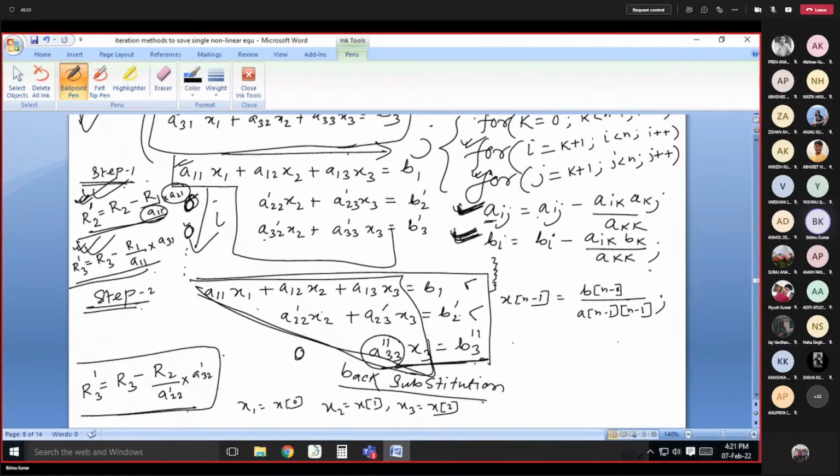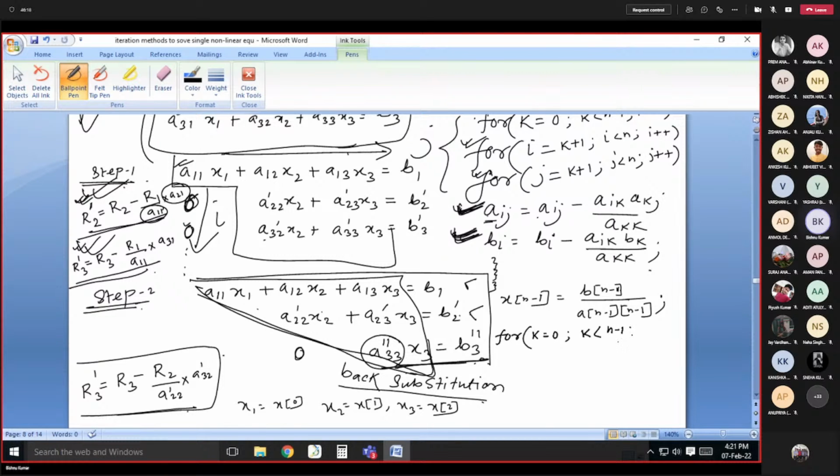For that purpose you have to use a loop, the back substitution loop. So for k equals 0, k less than n minus 1, k plus plus.